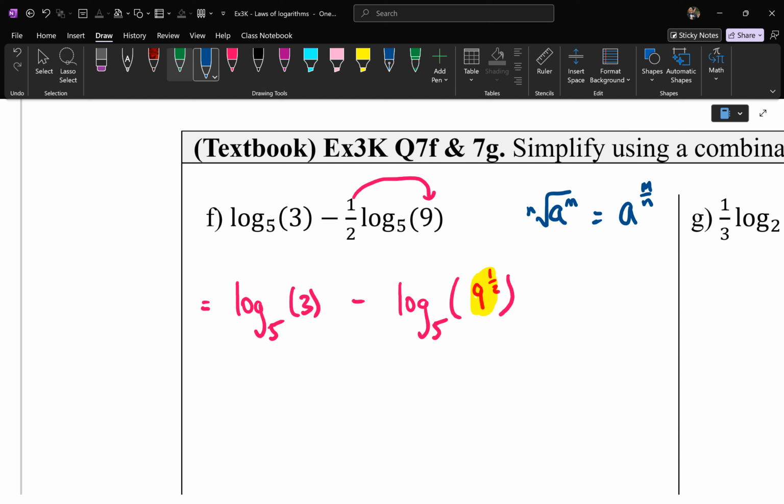That 9 to the power of half is the same thing as saying square root of 9. And if you didn't know that, you can still change the base of a 9 to simplify that further. So, this now becomes log base 5 of 3, take away log base 5 of, and remember 9 to the power of half is the same thing as saying square root of 9, which is 3.